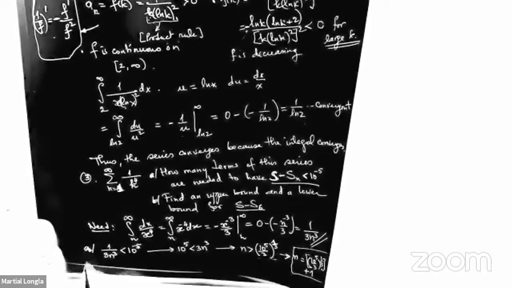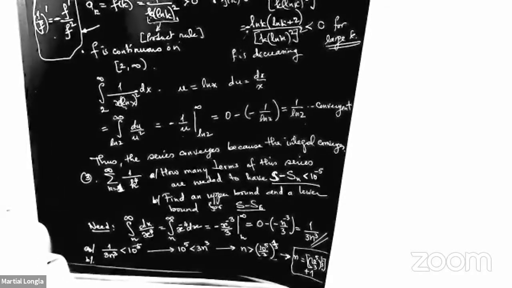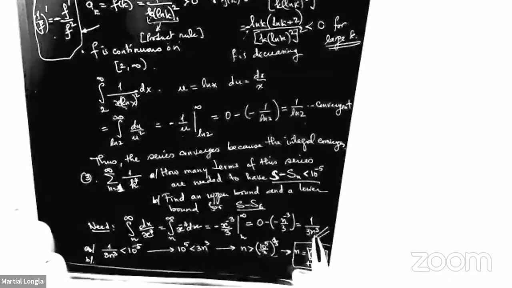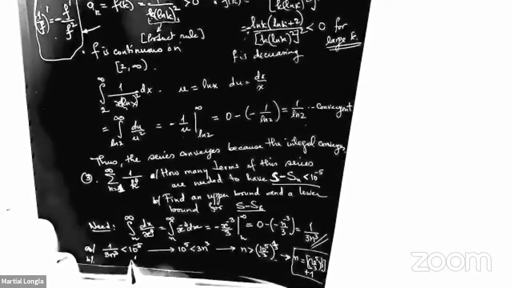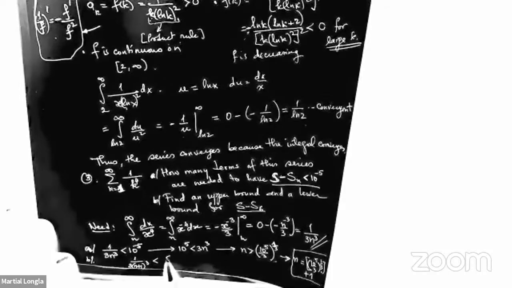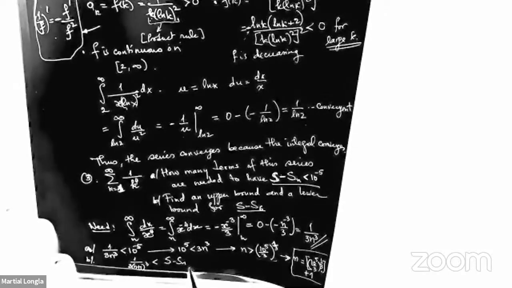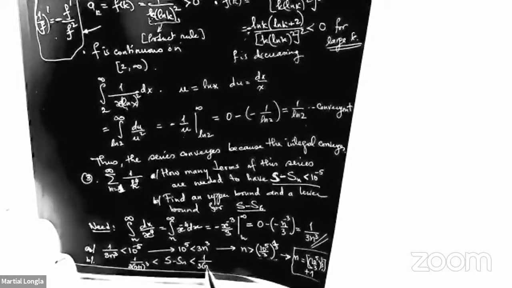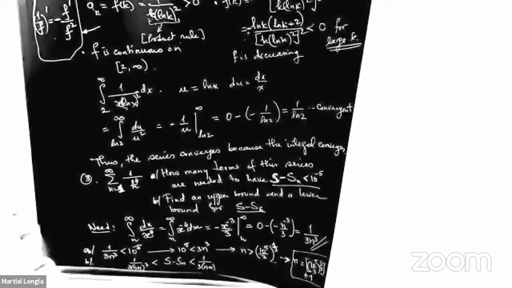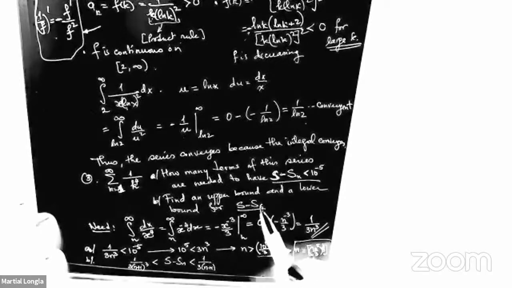And for part B, what you need to do is use that same integral, but on both sides. 1 over 3, and on the left you will have n plus 1, less than s minus sn, less than 1 over 3 times n. And because the question is about S6, that means n is 6, right?